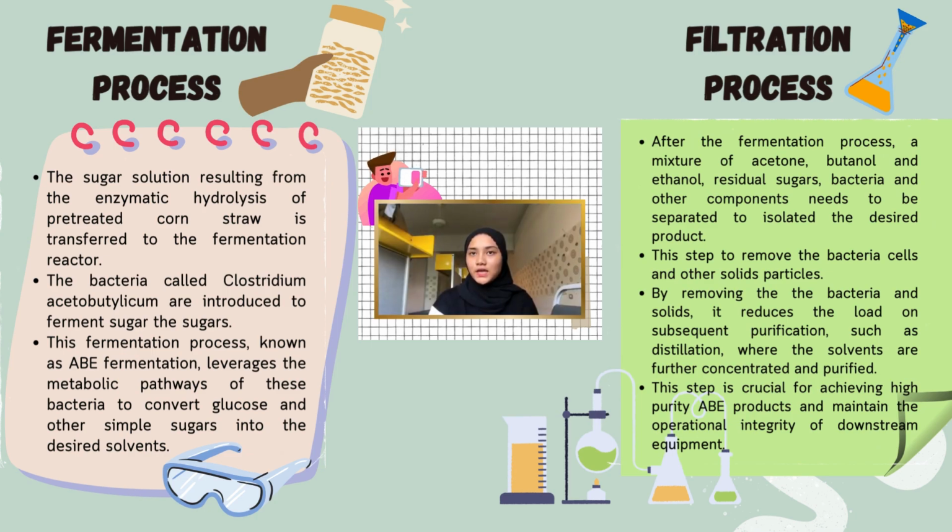Following fermentation, the broth, which contains a mixture of ABE, residual sugars, bacteria, and other components, must be separated to isolate the desired product. This separation step is essential for achieving high purity ABE products and maintaining the operational integrity of downstream equipment.